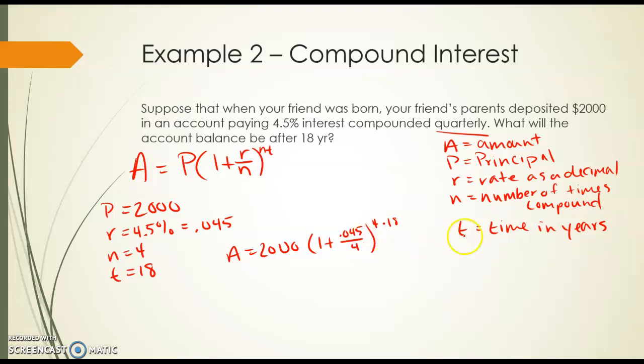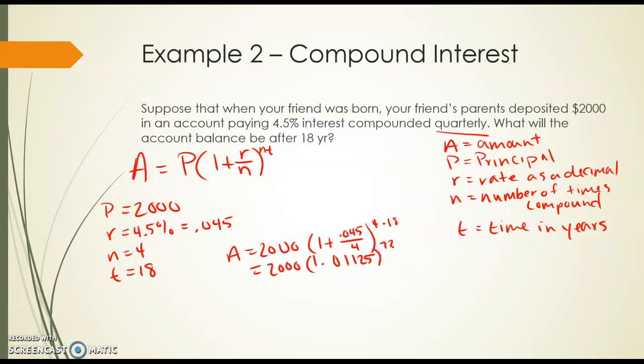I'm going to start by taking 0.045 and dividing by 4. I'm going to take that number and add it to my 1, so plus 1. And so I'm going to end up with 2,000 times 1.01125 to the, and then 4 times 18, which is 72.